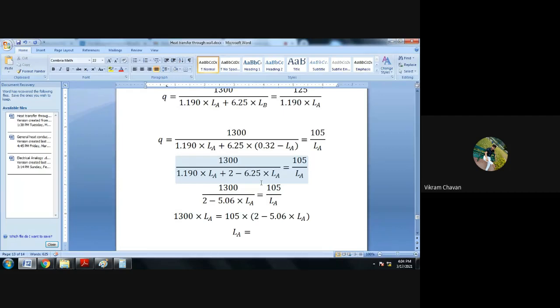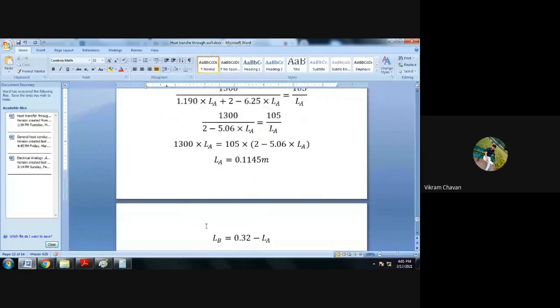One more correction: in meter we will get 0.1145, and this value is in a meter. Getting everyone? Now calculate L suffix B.